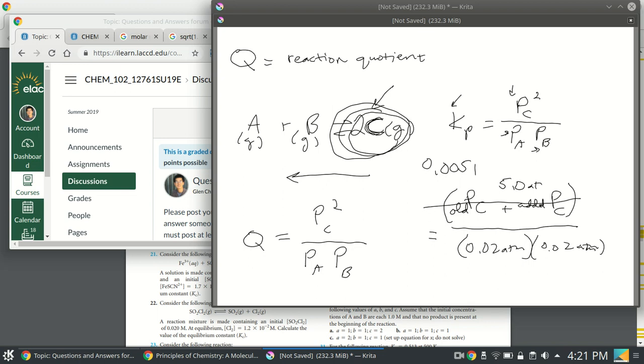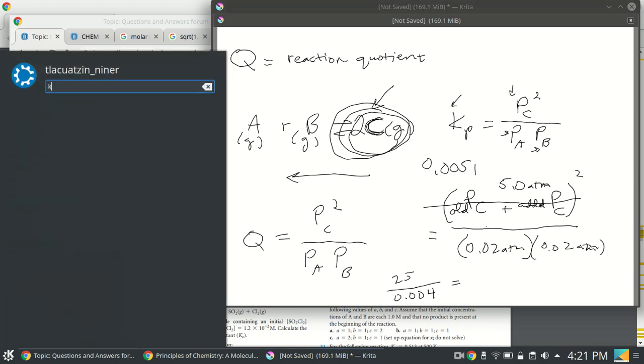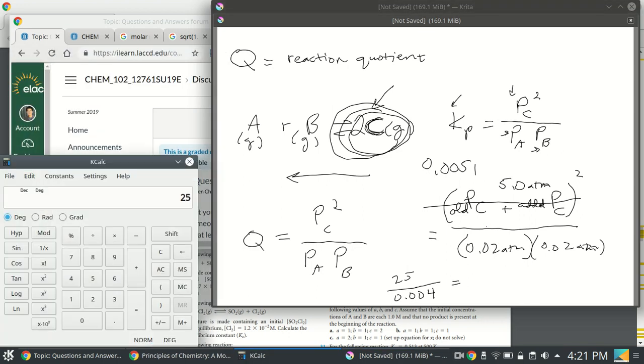Meaning we added a lot of C. So we square that: 25 divided by 0.004. That is a really huge number. You don't even have to calculate it. You just know it's a huge number.